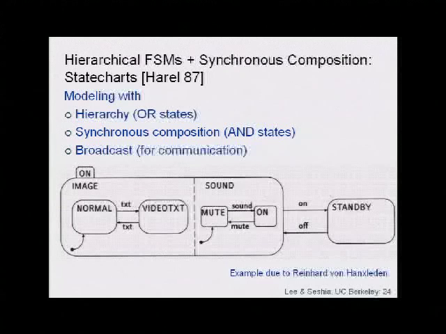And when a message has to be sent to both, you broadcast it on the bus, and both of them receive the message. So that's a way of implementing broadcast communication. In the hierarchical machines we have seen so far, the communication has been through shared variables. You don't have broadcast and other mechanisms. But when you use commercial tools for modeling with hierarchy, then you have additional forms of communication that include broadcast and also point-to-point messages.